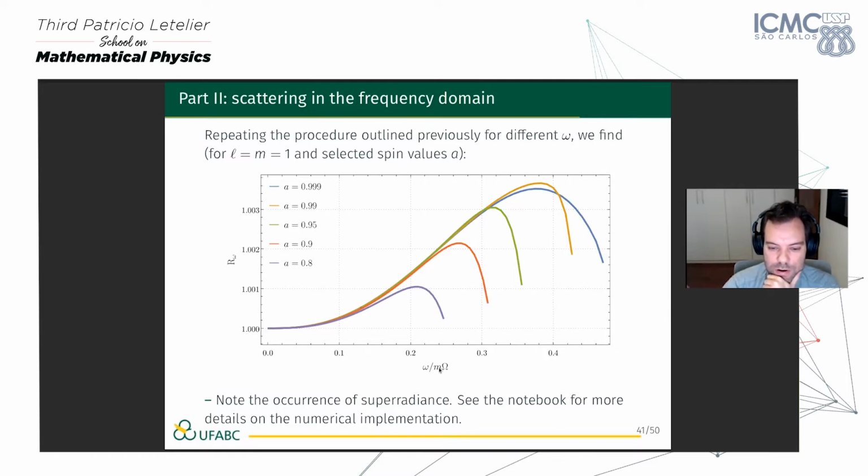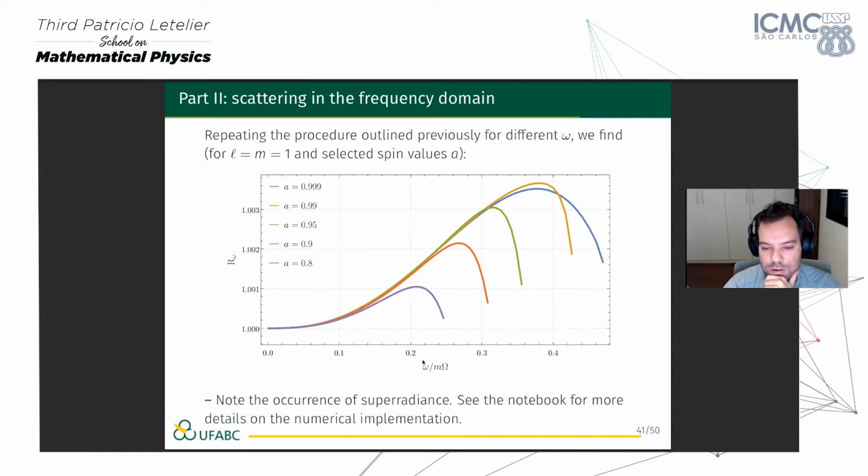And remember that on Tuesday we saw that superradiant scattering, that is, extraction of energy from the black hole, happens when the frequency is sufficiently small. The condition was that the frequency omega should be smaller than this quantity, little m capital Omega.